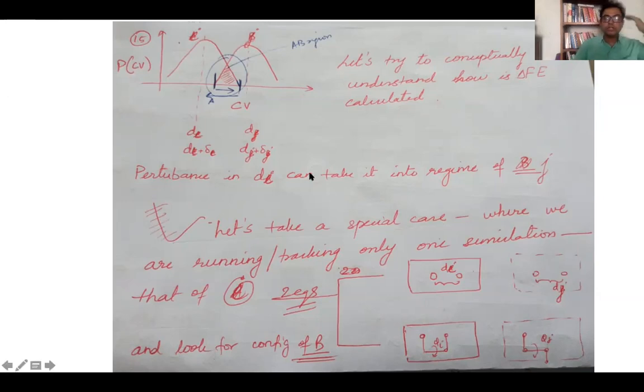So if there is no overlap between the two, then you are claiming to sample a phase space that actually is not being visited by the reference simulation that you are doing, right? And this is a major flaw, or rather I would not say a limitation, but something that you need to be careful about. So you only sample in very close proximity.